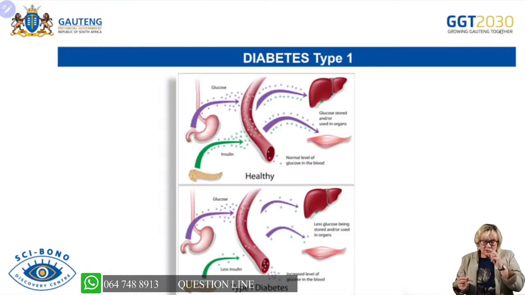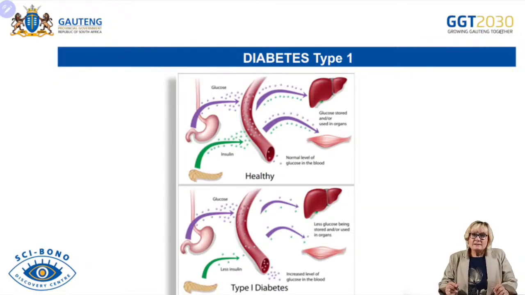Now, if we look closely at type 1 diabetes, here in this diagram you will see there's a healthy person's reaction in the body, and at the bottom we have type 1 diabetes. If we look at the healthy person first, see, there's glucose put into the bloodstream, and because of that, we have insulin secreted by the pancreas.